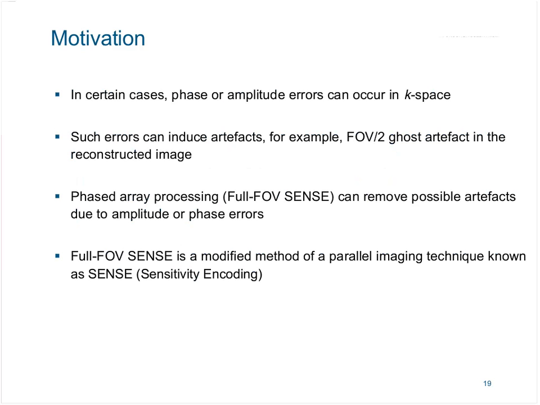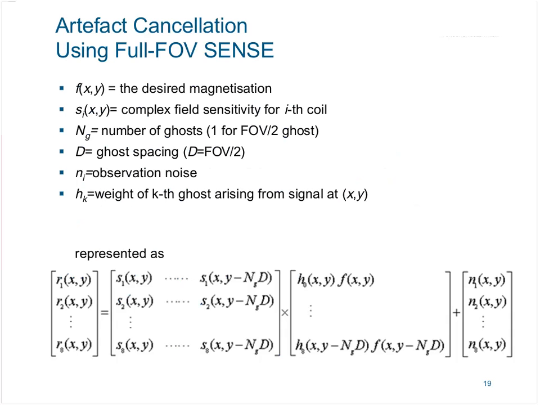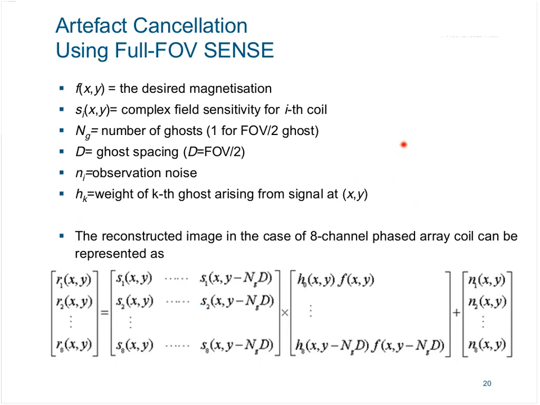Mathematically, we can see how it differs from the original SENSE method. Let's say the desired magnetization we want to reconstruct is denoted by F, and S denotes the complex field sensitivity from, let's say, the ith coil.